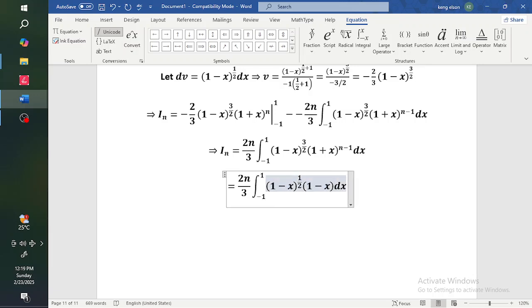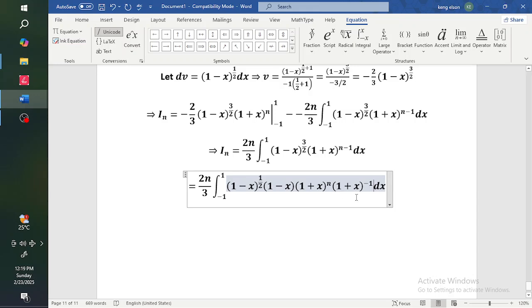When you add the powers, you have 3 on 2. Then this 1 plus x to the n minus 1, we can write it as 1 plus x to the n, then times 1 plus x to the power negative 1. Voila.